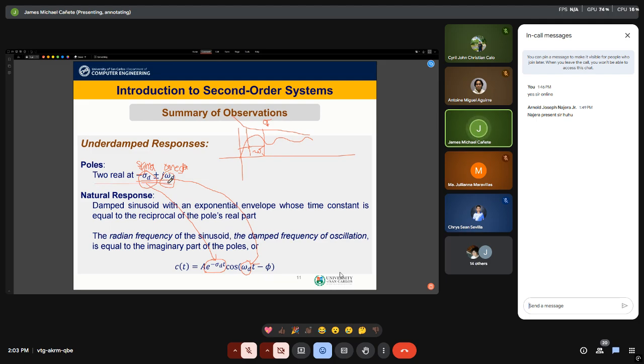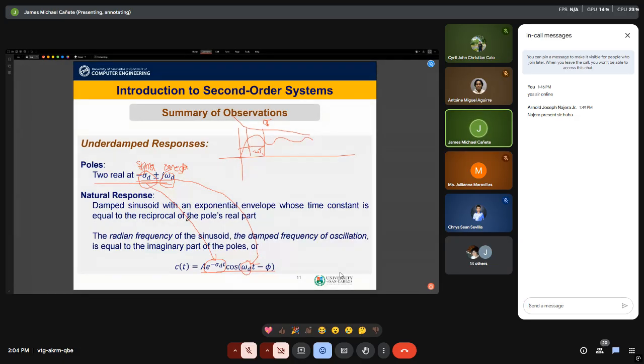If we solve this, we find that the natural response is an exponential times a cosine function or sinusoidal function. As I discussed earlier, the sigma sub d here actually relates to the power of our exponential, and the omega sub d here directly corresponds to the frequency of our cosine.